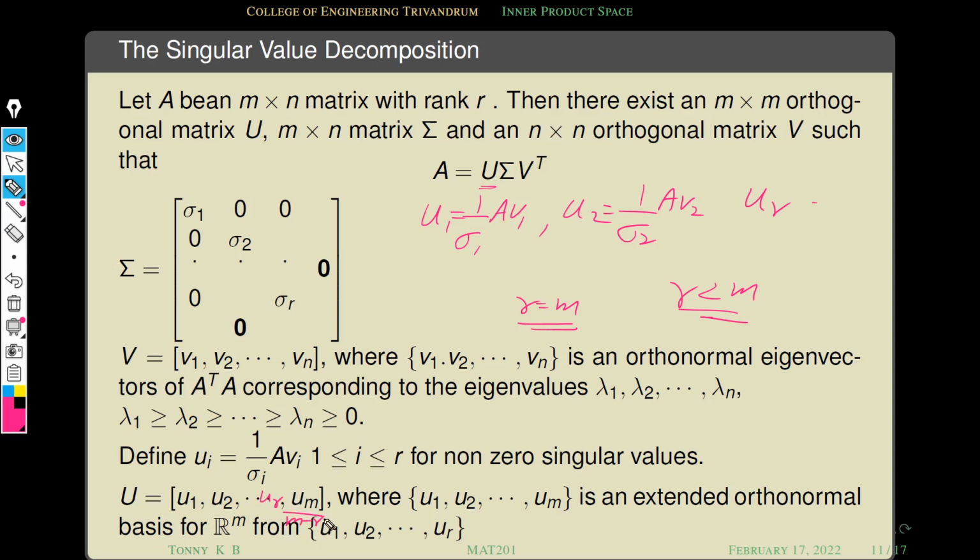The rule is that u1, u2, up to um is an extended orthonormal basis for Rm from u1, u2, up to ur. Because we already have u1, u2, up to ur, corresponding to the r non-zero eigenvalues, we can define these. If r is not equal to m, we have to extend that set to a basis for Rm by adding the remaining m minus r vectors, so that the basis is orthonormal. That means these vectors are orthonormal. Theoretically, this is possible. So this is the construction of U.